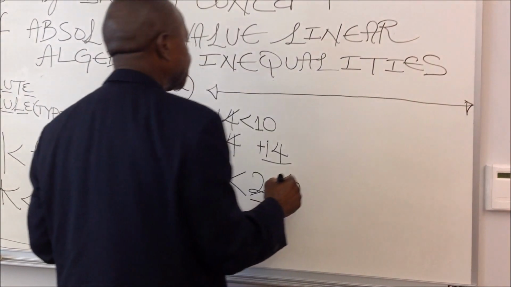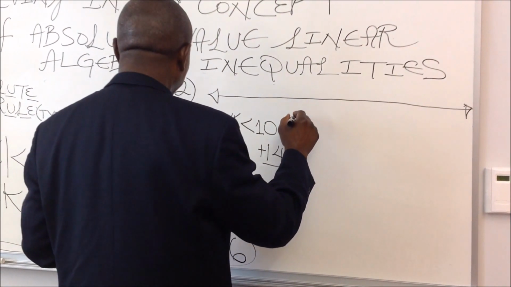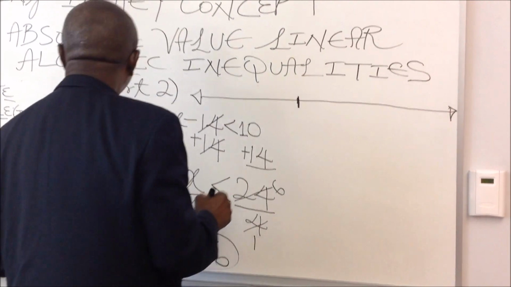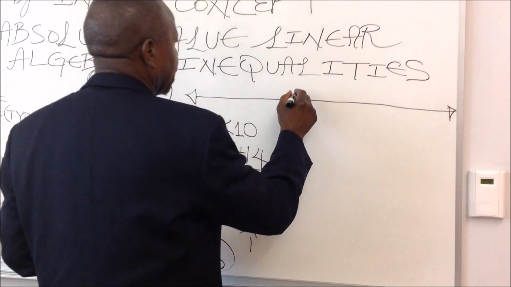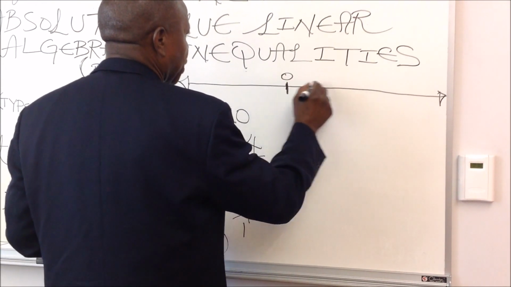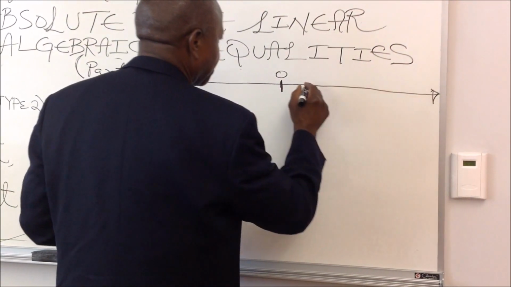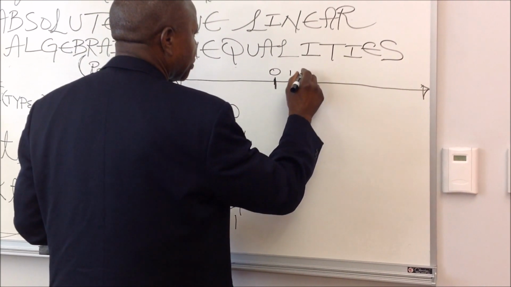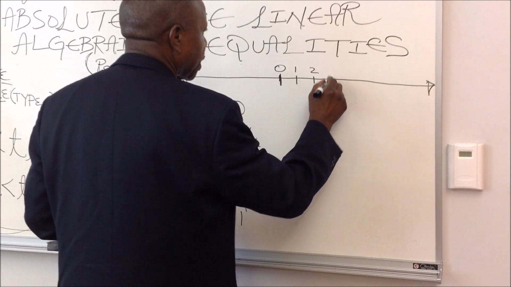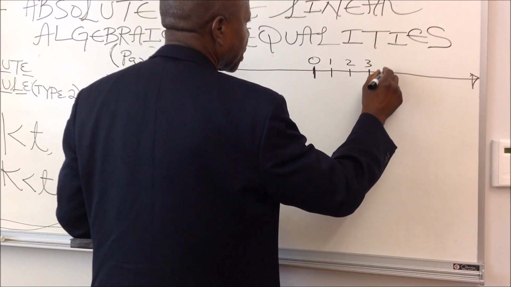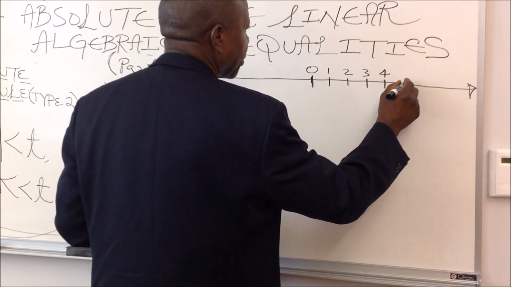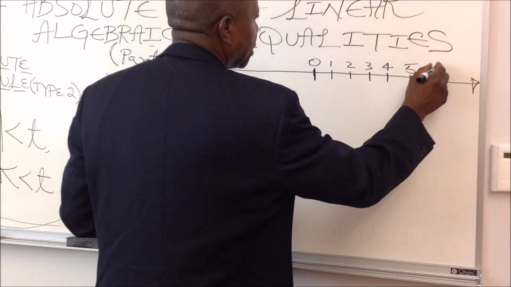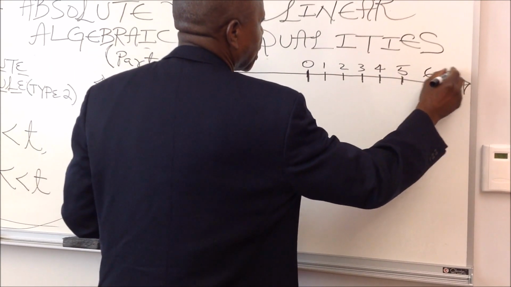The graphical solution. On the right side of 0, we're going to have the positive numbers. So here we get the number 1, number 2, number 3, the number 4, the number 5, the number 6, the number 7.